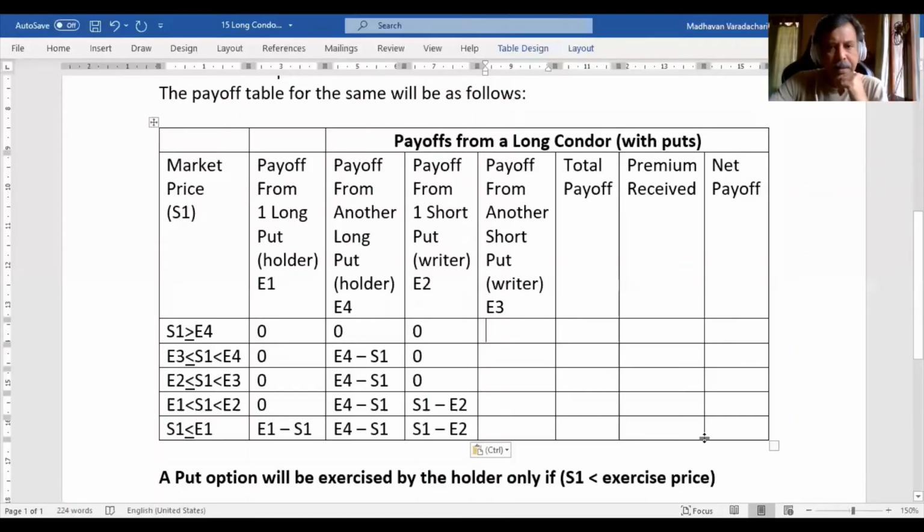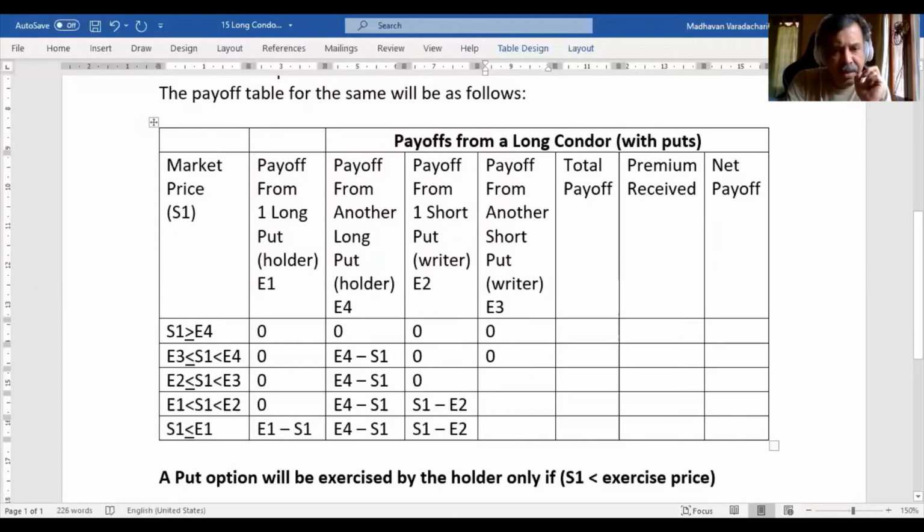So it is again, I'm the writer, I'm not the holder, and it is a put option. S1 is larger than E4. That means it will be definitely larger than E3 also. So this will not be exercised by him. And S1 is larger than E3, he won't exercise.